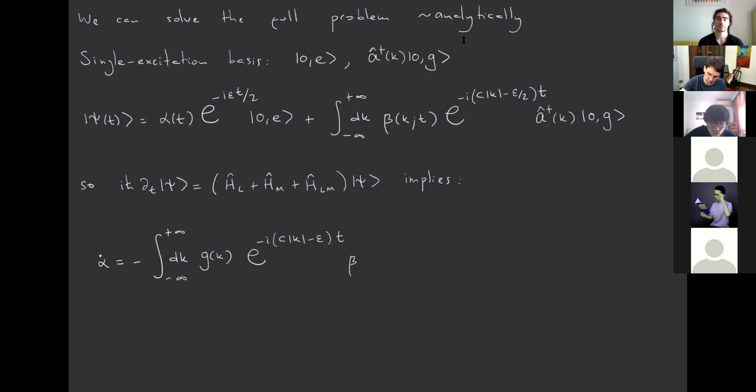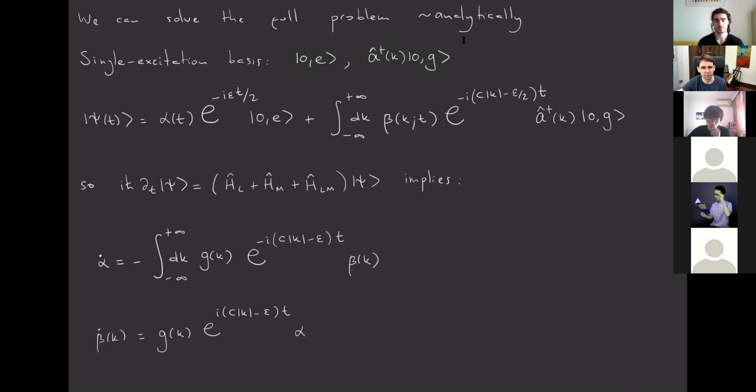I don't think this is a surprise because you have already seen it a few times. And then we have beta. For beta we have something similar. We have g of k, we have i times (c k minus epsilon) t, and then alpha.